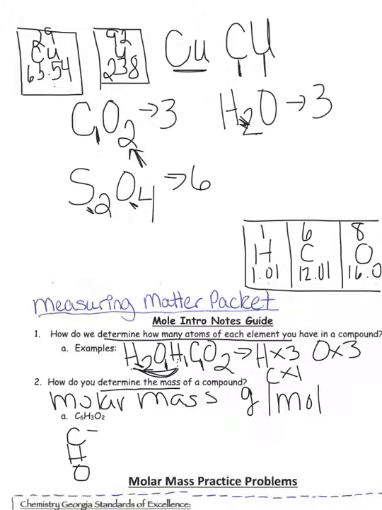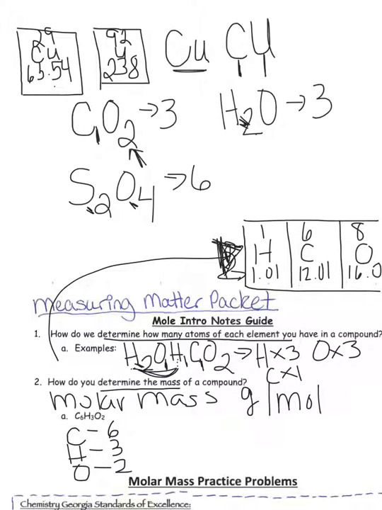There are 6 carbon, 3 hydrogen, and 2 oxygen. To make this a little easier, I have put right here hydrogen, carbon, and oxygen, what they look like on the periodic table. And we're going to need that mass.